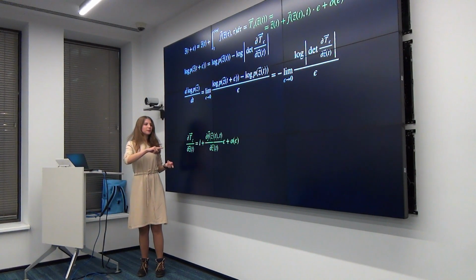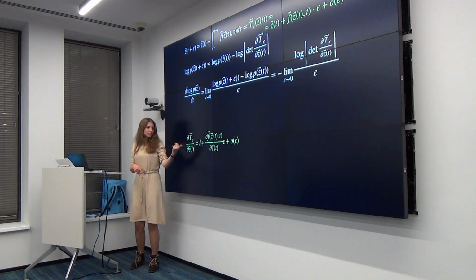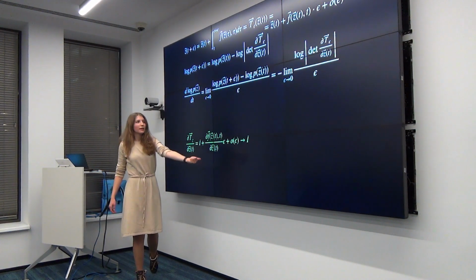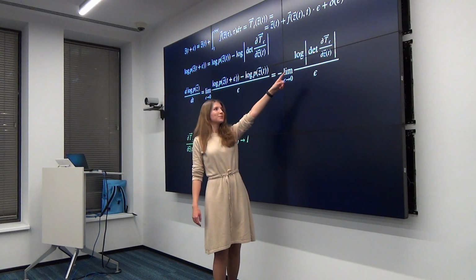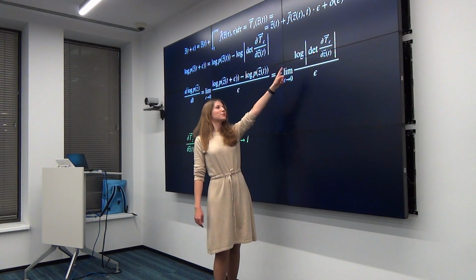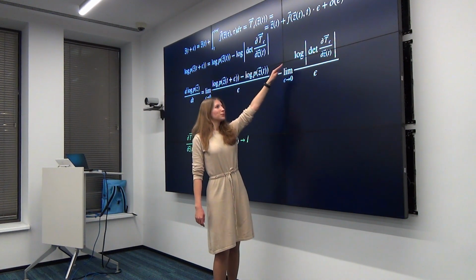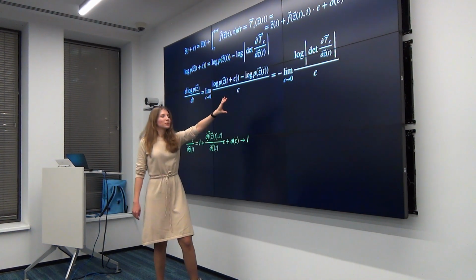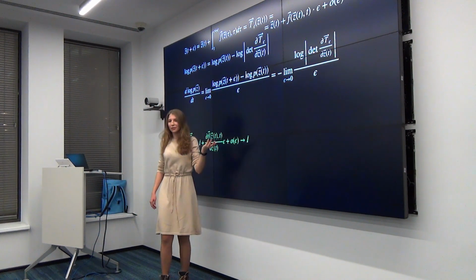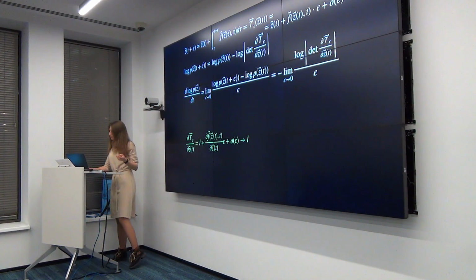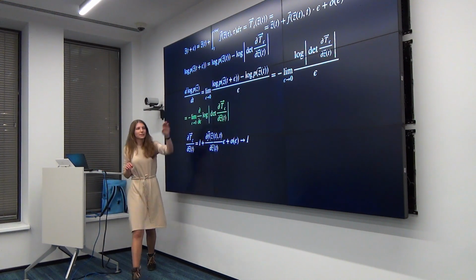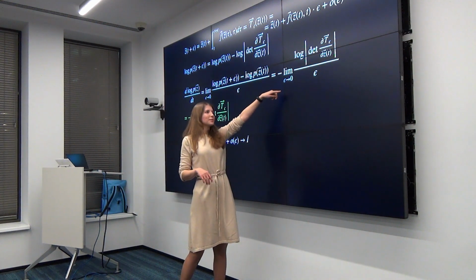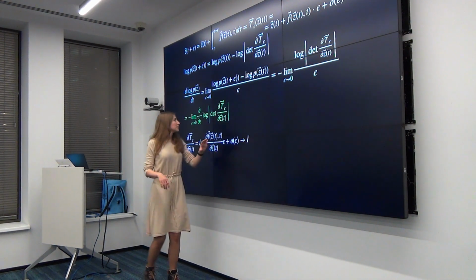And when epsilon tends to 0, this matrix tends to the identity. The determinant tends to 1, the logarithm tends to 0, and both these terms tend to 0. That means that we should use L'Hopital's rule, which says that this limit is equal to the limit of the derivatives of these terms.